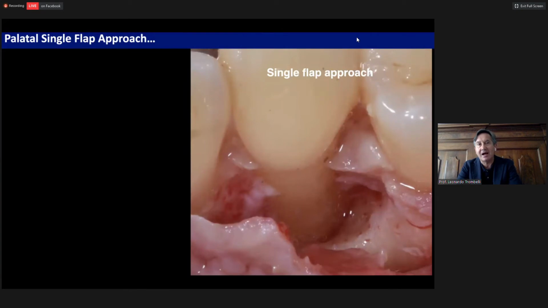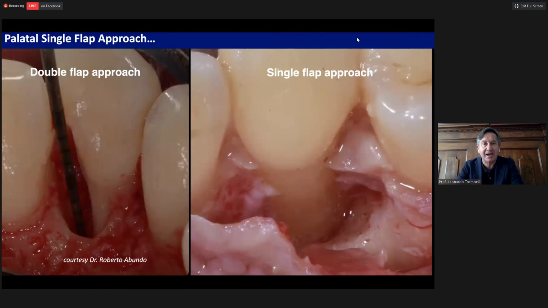And again, I'm pleased to show you the comparison between this lesion that was tackled with me just by elevating a palatal flap with this lesion that was tackled by another talented clinician, Dr. Roberto Abundo from Italy, from Turin.